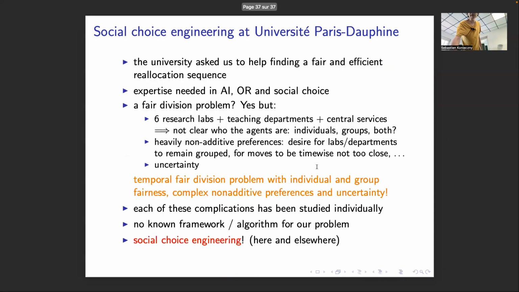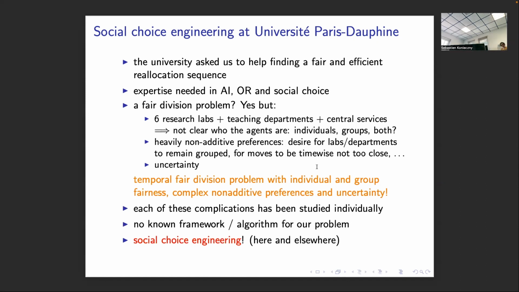And so, what is this problem? The university knows that we are specialists of operations research and AI and solving difficult problems. They were not aware of social choice and fairness issues; they came to us as operations research specialists.